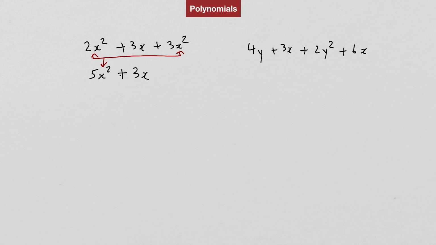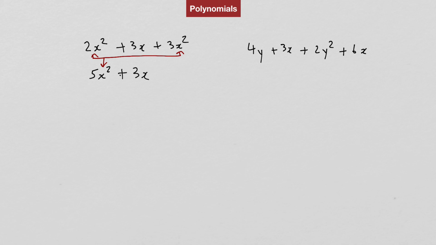So if you take a look at this next polynomial, we have 4 terms. We have a 4y plus a 3x plus a 2y squared and a 6x. And if you take a look at all 4 terms, what you'll notice is that 3x and 6x are the only terms that are similar. Okay? 4y and 2y squared cannot be added together because they're not the same term. They have different degrees.